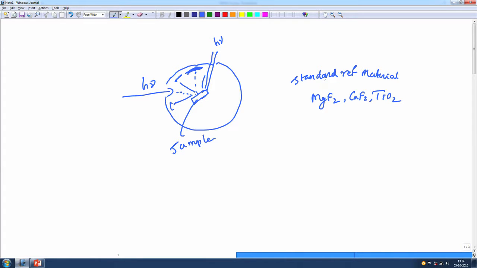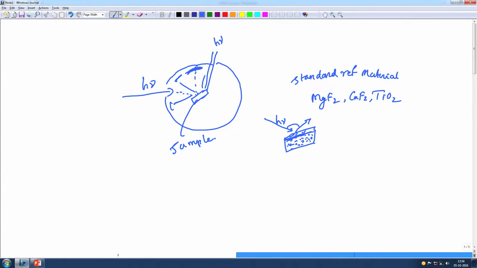This is a white material. So, this white material I take in a cup, put it here and press it. So, this gives me a uniform face on which the radiation will be coming in and then it will be reflected. I collect the radiation at the angle of reflection. So, it is as simple as that.